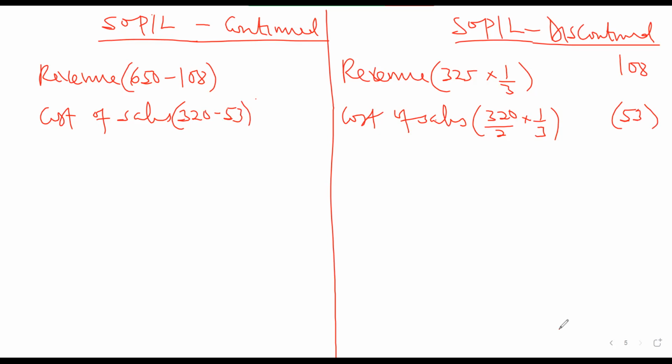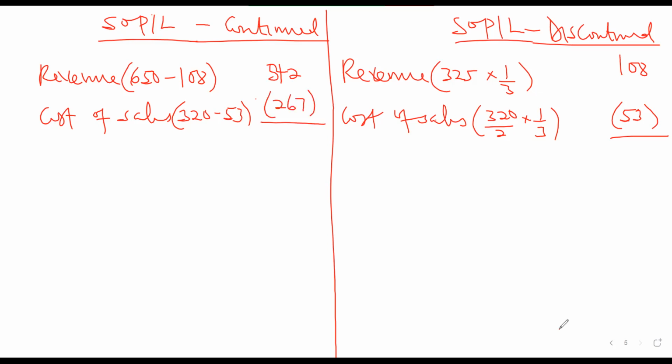Okay, so they are going to be having their gross profits. So let's find for the continued operation too. It will be 650 minus 108, that will give us 542, against 320 minus 53, that will give us 267.